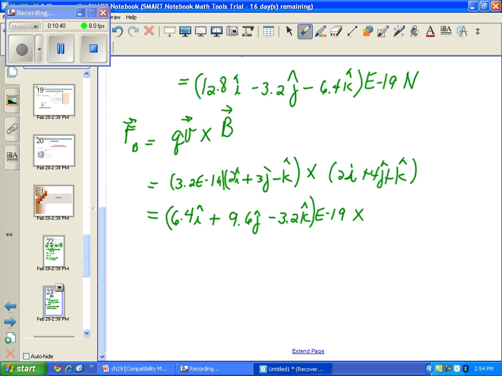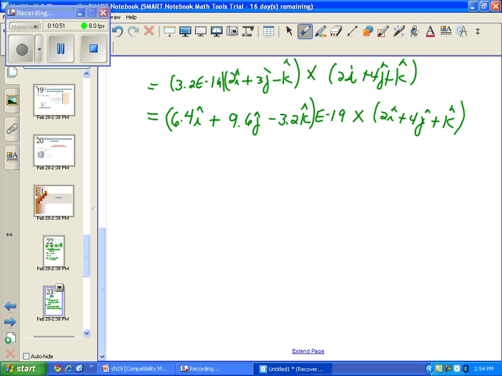And we're going to cross that with 2i hat plus 4j hat plus k hat. And here, let's go ahead and just draw off to the side so that we can keep reminding ourselves i hat cross j hat cross k hat. And we'll use the FOIL method of multiplication for each of the terms.